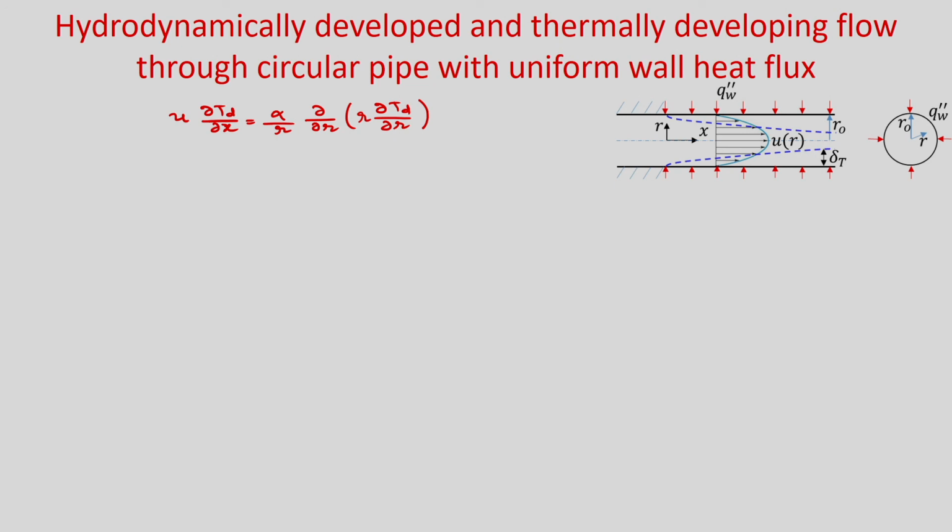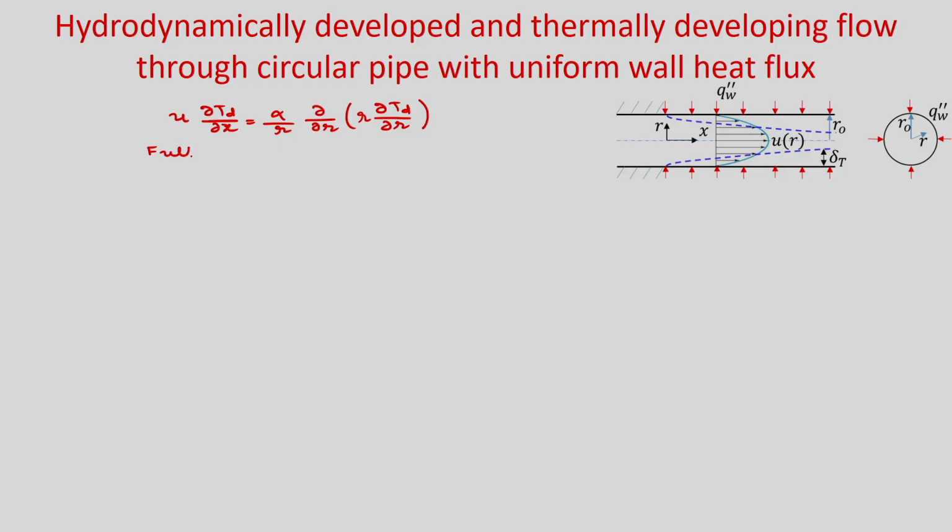If you can find T_d, then the temperature profile in general you can write as T_fd plus T_d. In this case we are using hydrodynamically developed flow, which means u is known. So u you can write as twice u_m into 1 minus r squared by r_0 squared. This is the fully developed velocity profile.